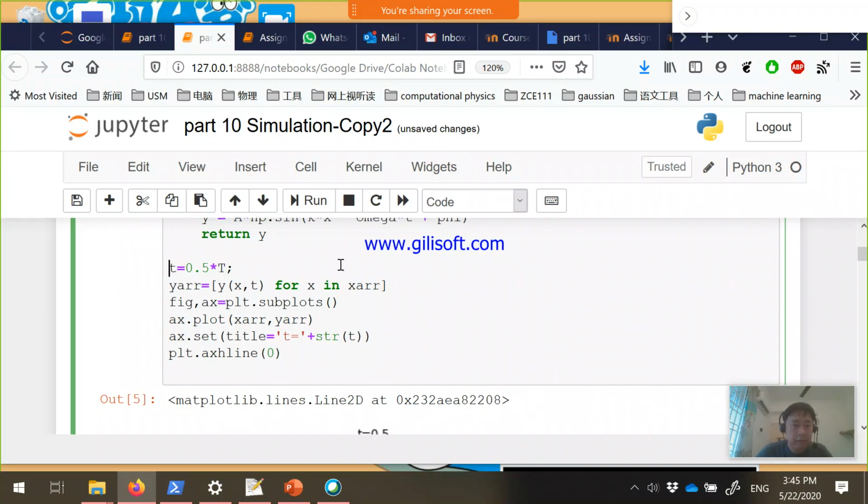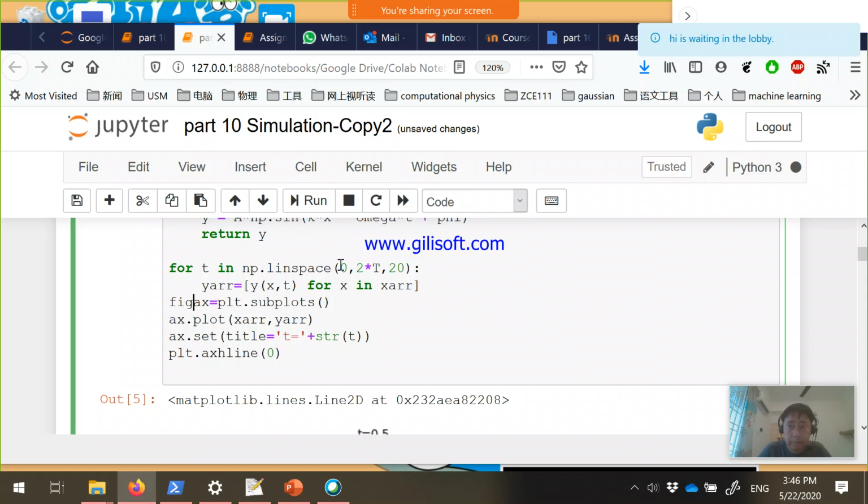But before that, let us try to put this into a t loop. For t in np.linspace, from 0 to say 2 times the period, and then we have say 20 displays, we display 20 times.